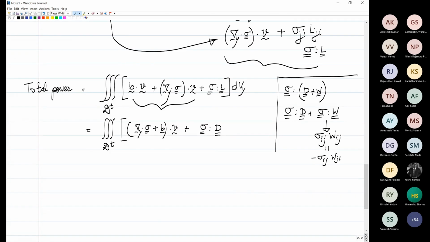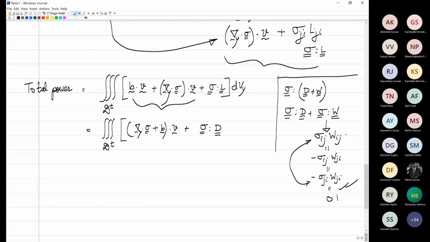And then sigma ij is same as sigma ji because it is symmetric, minus sigma ji Wji. But you see this is same as what it is here. Sigma ij Wij and sigma ji Wji, they are same. It's just like i has become j and j has become i, and they are dummy indices. You can always change the symbol. But what you see is that this is equal to negative of this. So therefore it implies it is 0.